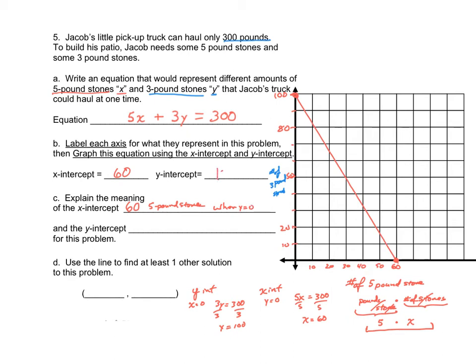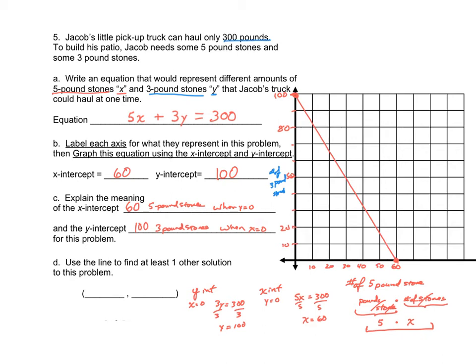Oh yeah, 100. What does that mean? I could buy 100 3-pound stones when I bought 0 5-pound stones, when x equals 0. So you're getting the idea, the meaning of the x-intercept and the y-intercept. I think some of you kind of missed that from the lesson.